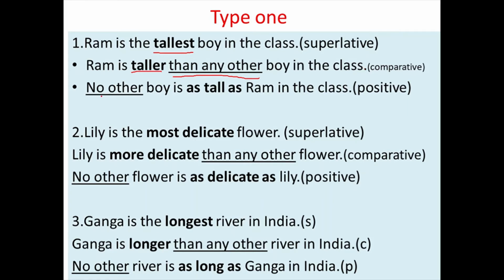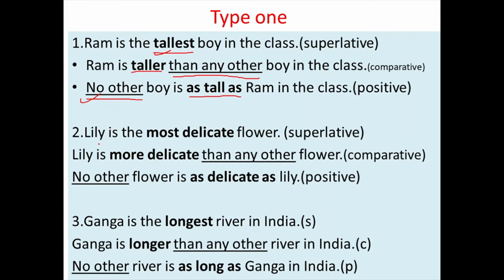For the positive degree, as we have seen, we start with no other: no other boy is as tall as Ram in the class. So why did we use no other? Why didn't we use very few? Because it is only the tallest boy, not one of the tallest boys. When one of the tallest boys is there, we will use very few to begin the positive degree.